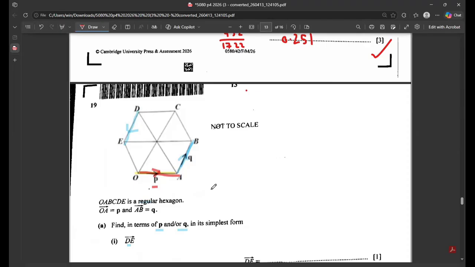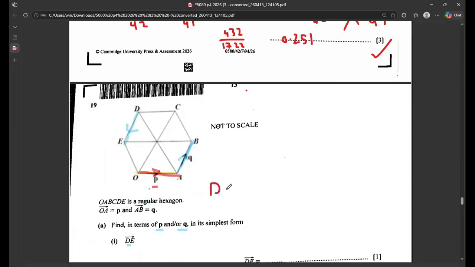So we say that the DE vector here would be equal to negative AB vector. So it is equal to negative Q. And we get a 1 mark here.